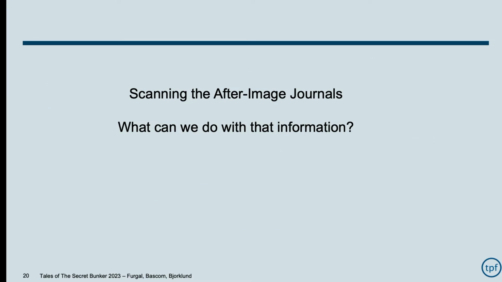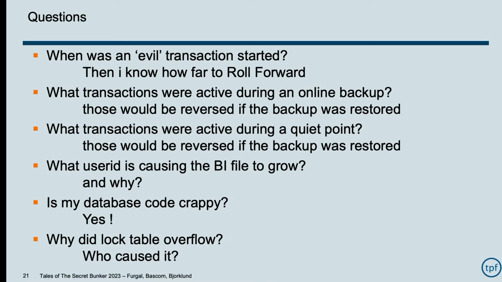Okay, so we have this utility that scans the after image file and tells you what's in it. If you run that utility, you can get a lot of useful information, as well as a lot of information you don't want to see. And that information allows you to figure out a bunch of things.